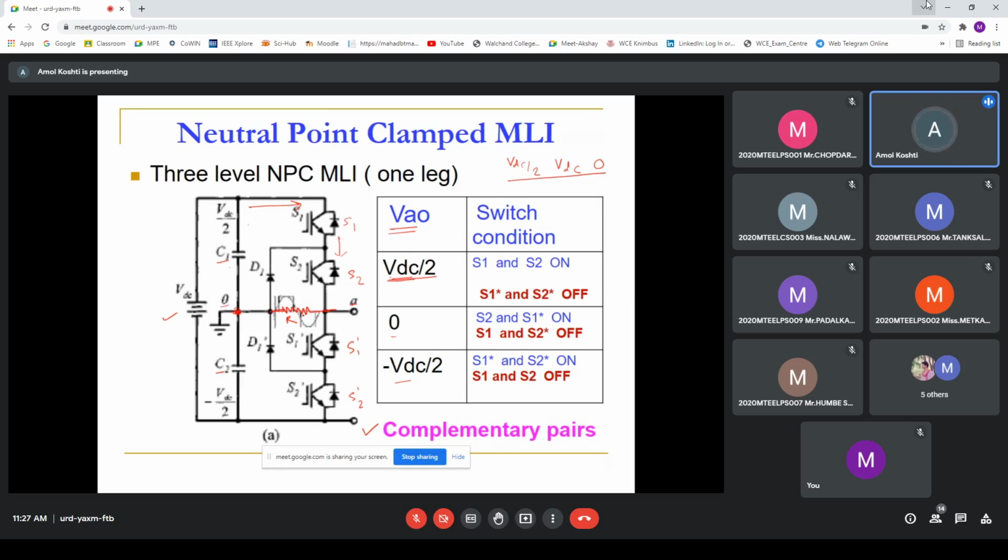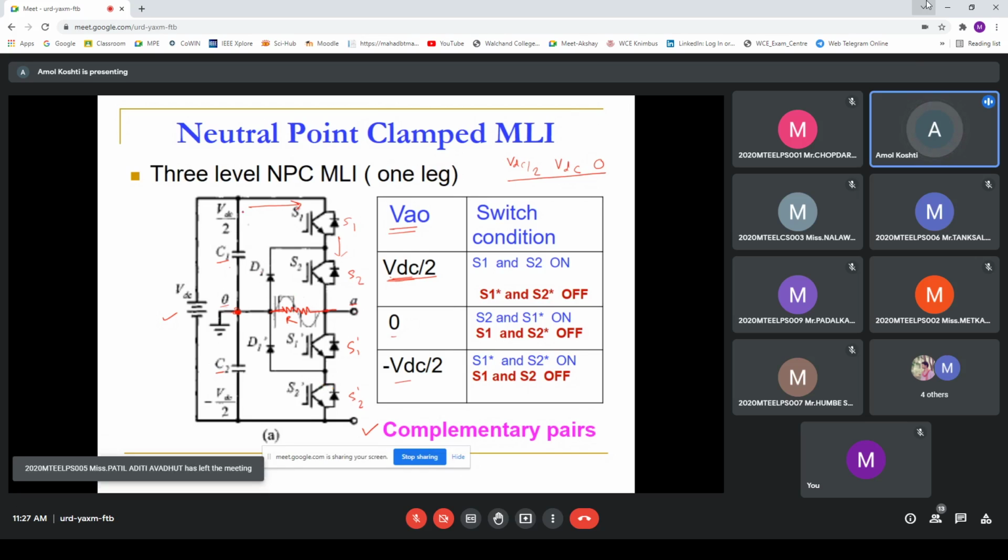Now to get a 0 voltage, you just see S2 and S1 star. It means the S2 switch and the conjugate of S1, which is S1 star or S1 dash, is on. In this case the current will flow there, as S1 is off and S2 dash is also off.